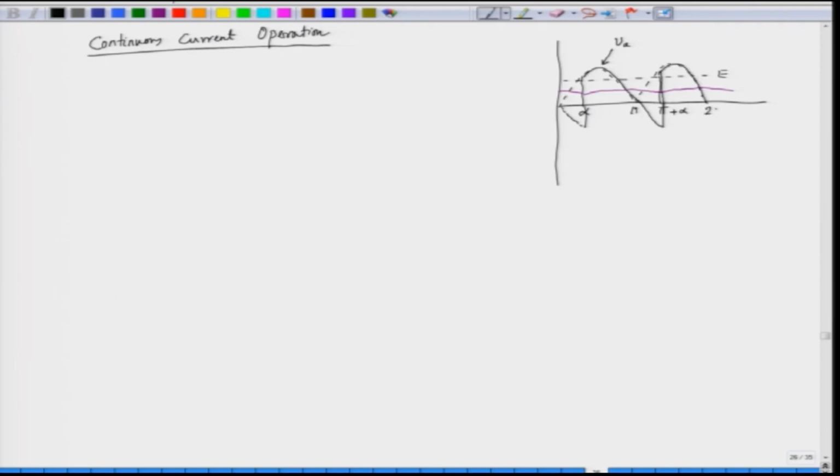This is 2 pi, this is pi and the current waveform is continuous, that is IA, current does not come down to 0. So, this is the continuous current operation where we do not have discontinuity in the current, current is fully maintained in both the half cycles. So, we do not have to solve this complicated equation. The analysis of continuous current operation is simpler than that of a discontinuous current operation. We will try to derive the average voltage equation and the torque speed relationship for the continuous current operation in the next lecture.